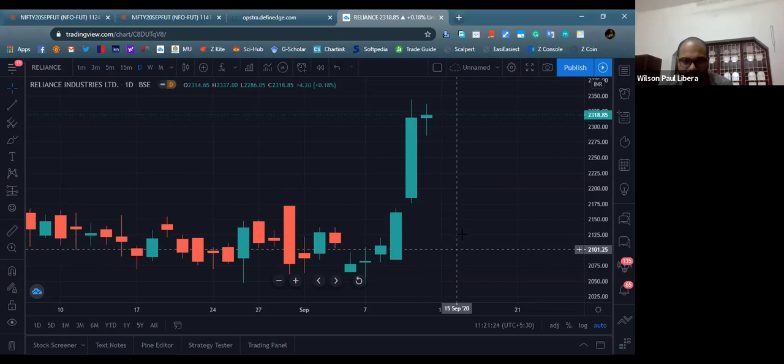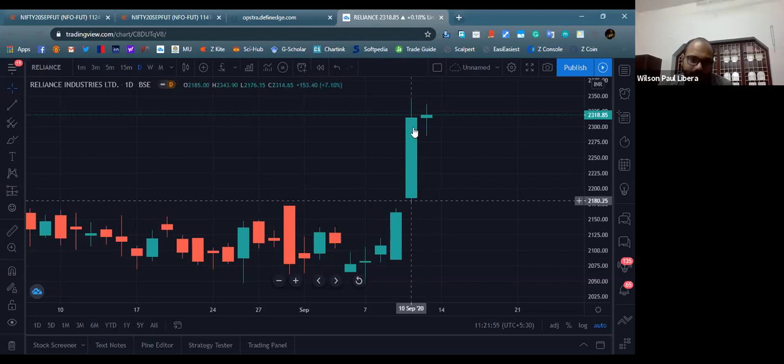The lower wick says the price during the session has gone down to this low price. I don't know what happened that day, but we can see that the prices went below the opening price down to about 2,176. But from there buyers came in and took the prices higher.